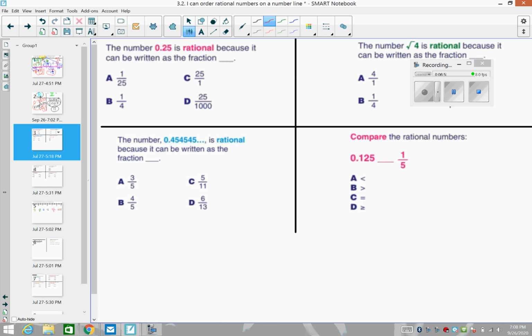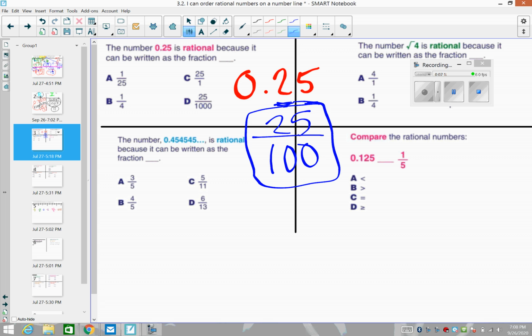How many tenths? 1/10. So we end up with -3 and 1/10. Cool. So that's the first page on being able to convert from a mixed number to an improper fraction and back and forth.